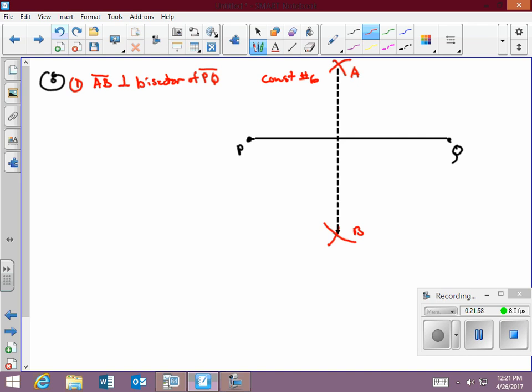And then let's see, that says that PC is equal to QC by definition of bisector.